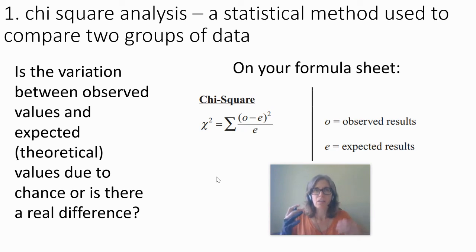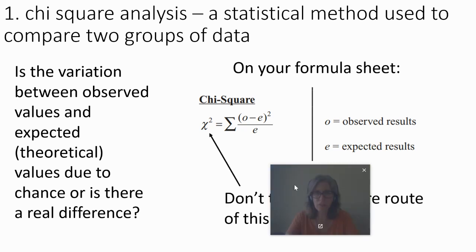But if I do this cross and get several thousand babies, then I know I'm not going to have exact numbers, but how close is close enough to say that, yeah, it really is red is dominant to brown? So is the variation between observed values and expected or theoretical values due to chance? Because sometimes you flip a coin and you don't always get heads 50% of the time, right? So is it just due to chance, or is there some real difference going on here?